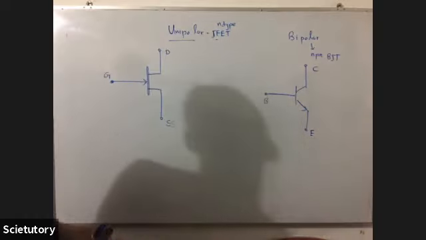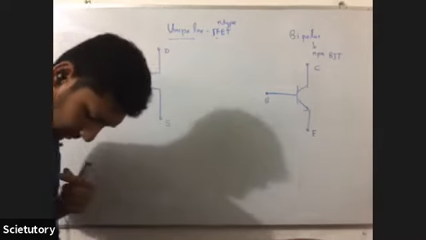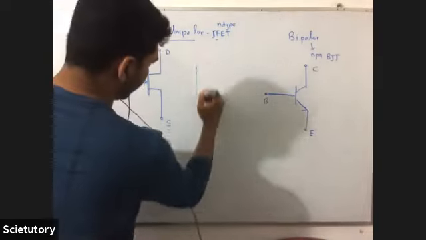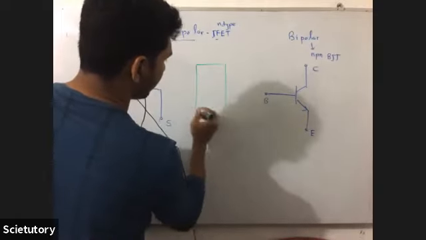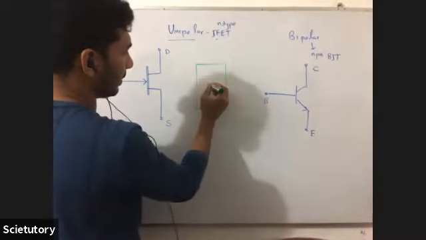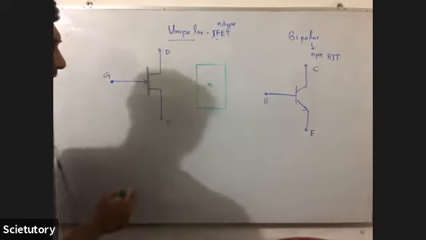When you consider the structure of JFET, it will be like this. First you have a channel. If the channel is N-type, you have to use N-type semiconductor.